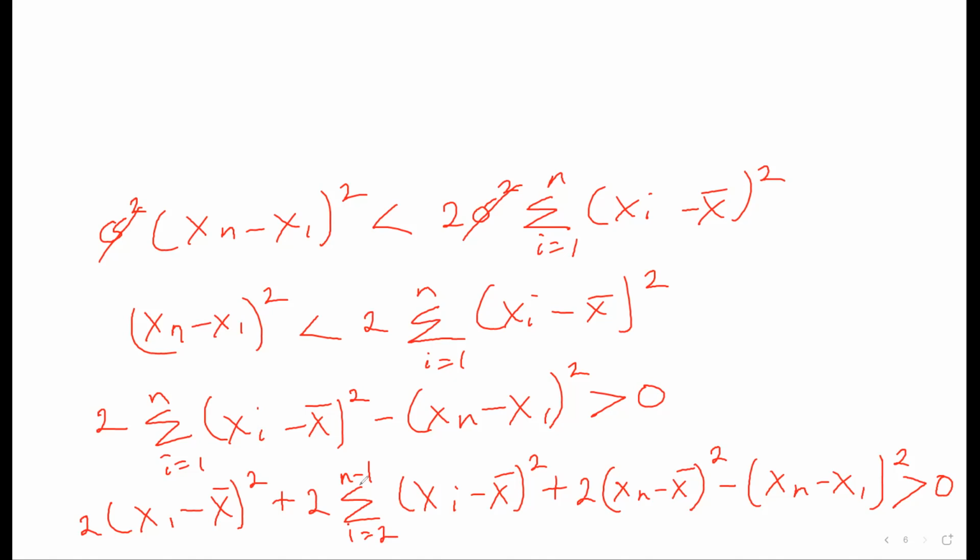So what we actually want to prove now, for the OLS variance to be efficient, is that this is greater than 0. From here, you can see that this is already greater than 0 because this will always be positive. So we've proven that.